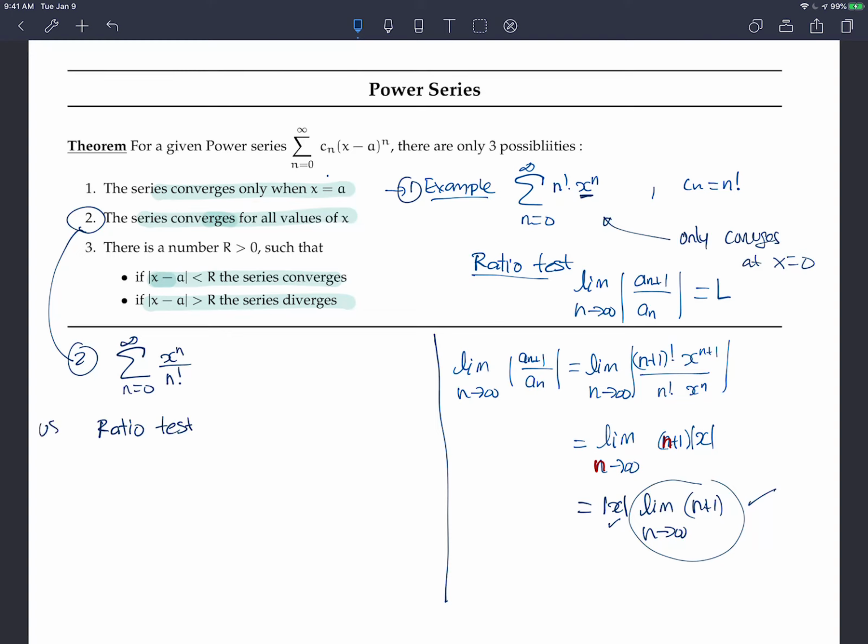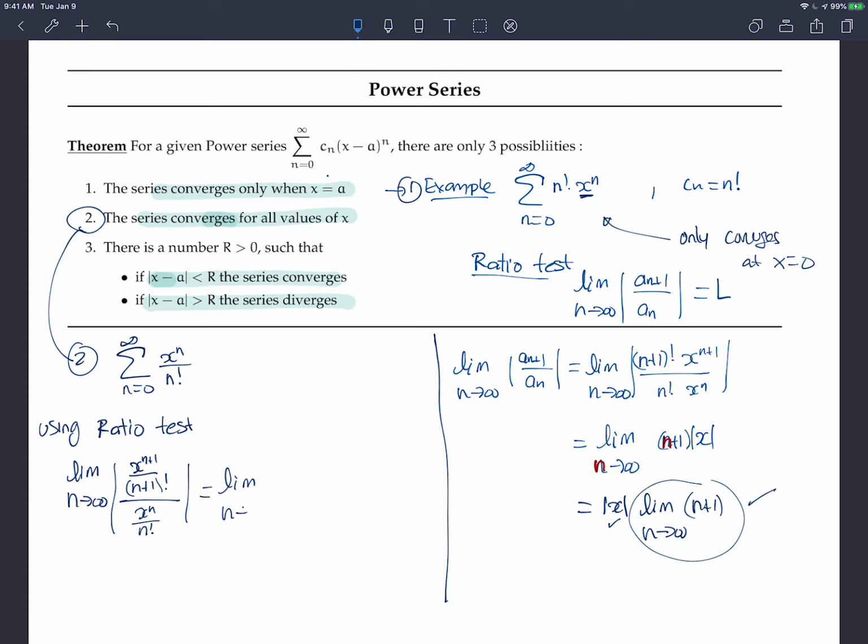We need to find the limit when n goes to infinity of the an plus 1 term, x to the n plus 1 divided by n plus 1 factorial, divided by the nth term, which is x to the n divided by n factorial, all in absolute value bars.